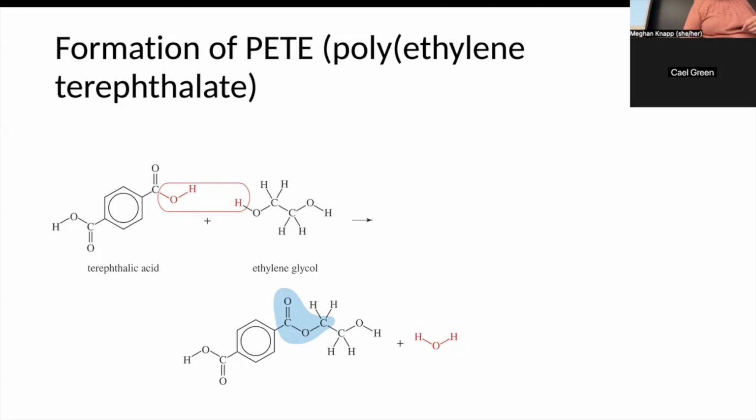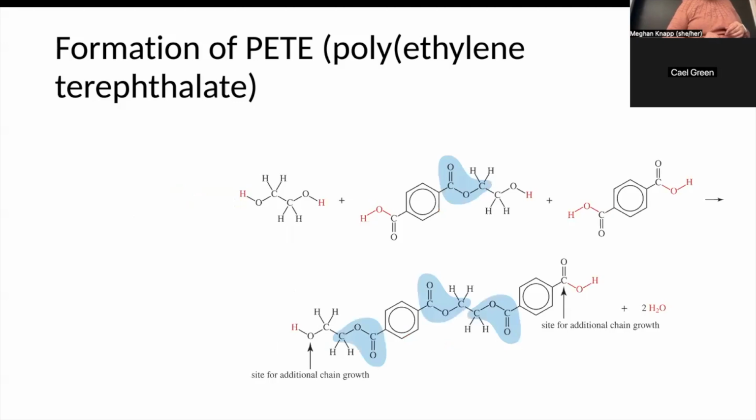All right, so once that molecule forms, then on the other sides of the molecule, since ethylene glycol had an alcohol here and an alcohol here, this can join up with the next terephthalic acid, and this can join up with the next ethylene glycol. So it's what's called a heteropolymer, hetero meaning different, because it can alternate between these two things, forming a long chain of the alternate esters.